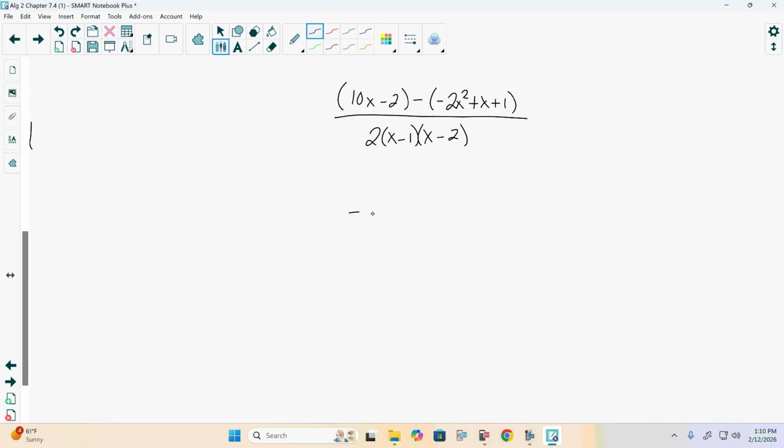And at this point, really the only thing that's changing, the 10x minus 2 is still 10x minus 2. However, our negative 2x squared is now positive 2x squared. Our positive x is now negative x. And our positive 1 is now negative 1.